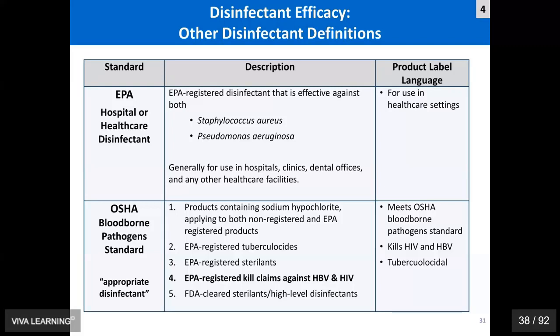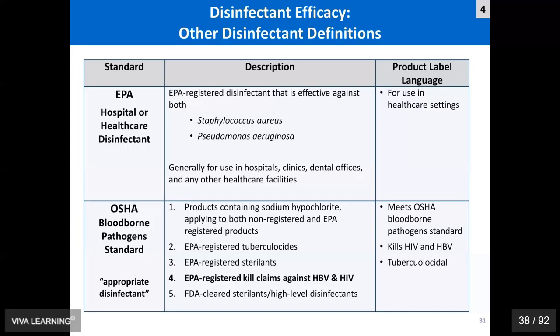Now, the OSHA bloodborne pathogen standard just says use an appropriate disinfectant. And some of the things that are considered appropriate would be those containing sodium hypochlorite, EPA-registered tuberculicides, EPA-registered sterilants, an EPA-registered kill claim against hepatitis B and HIV, and FDA-cleared sterilants and high-level disinfectants.